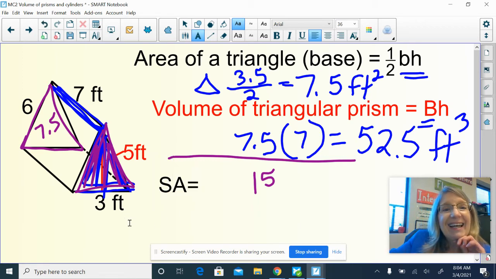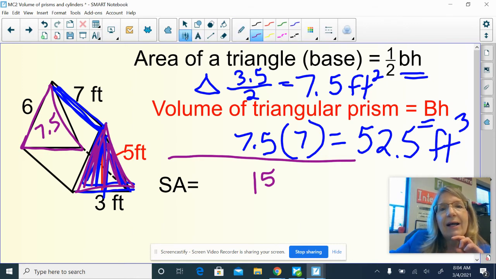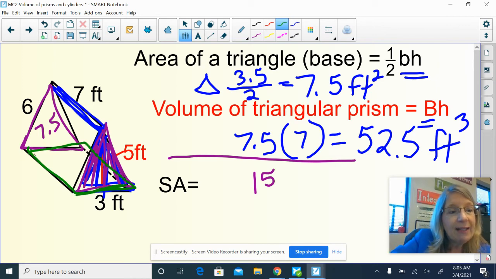Now the sides together, look at that. I personally would trace them so I know I got each one. The bottom looks like 3 by, and look at, if 7 is up here, then 7 is down here. So the bottom is 3 by 7, which is 21.